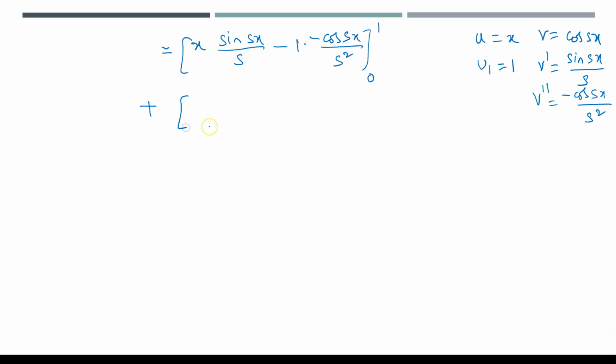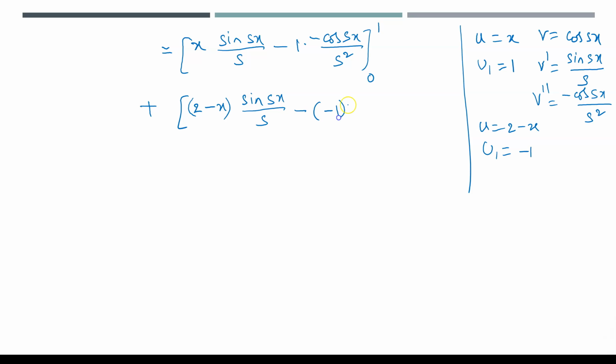Plus, if we apply the same formula on the second integral, (2 minus x) into sin sx upon s minus, here u equal to 2 minus x, u1 equal to minus 1, because the derivative of 2 is 0 and the derivative of minus x is minus 1, and the integrals of v are the same. Now minus of minus 1 into minus cos sx upon s square under the limits 1 to 2.